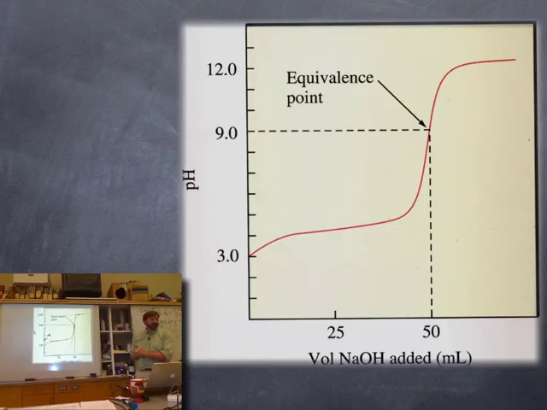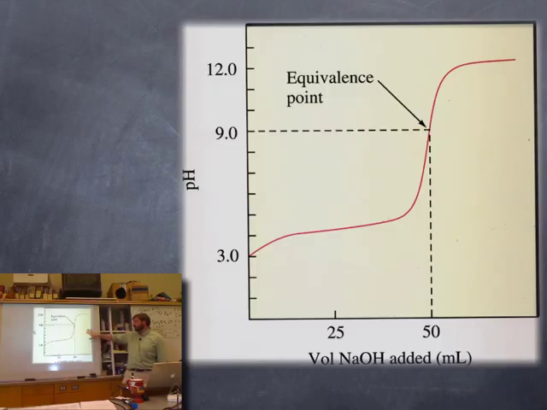So that's the basic way that we might look at this from an instrumental point of view. Important points: the halfway point and the equivalence point. And it's the pH at the equivalence point that's going to tell us what indicator to use.